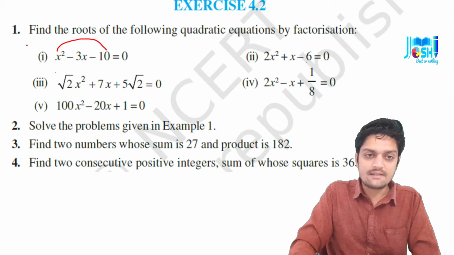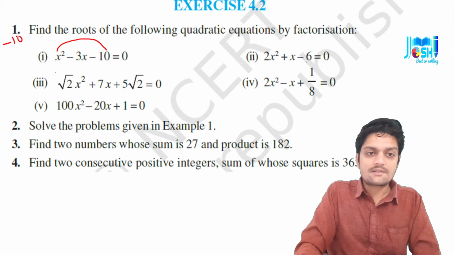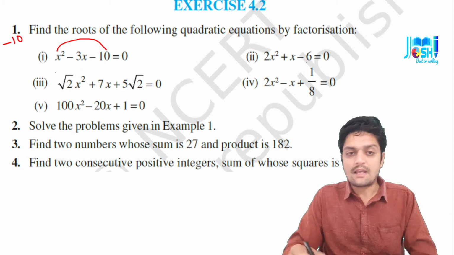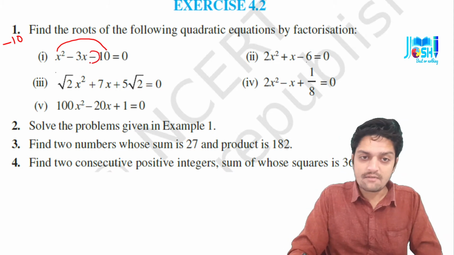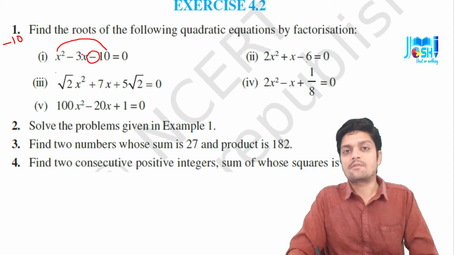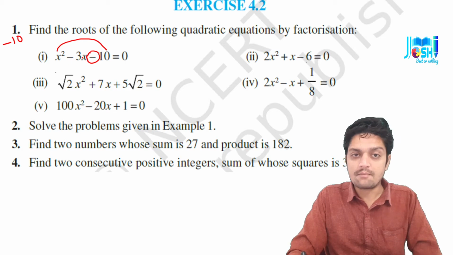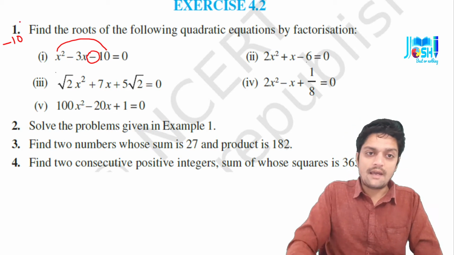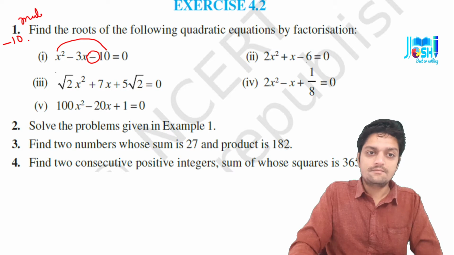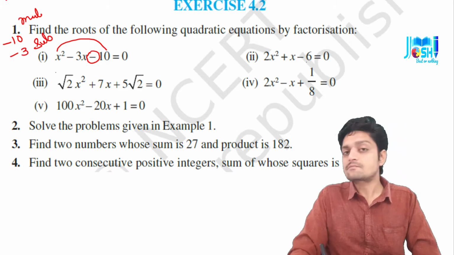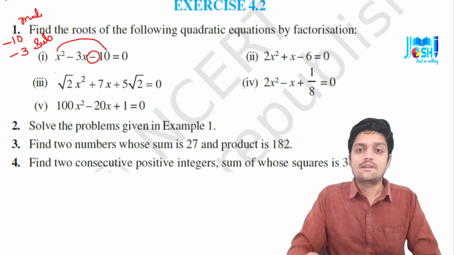So by multiplication you have to get minus 10, and by subtraction you have to get minus 3. Why by subtraction? Because this sign is minus. So which kind of factors can we get here?